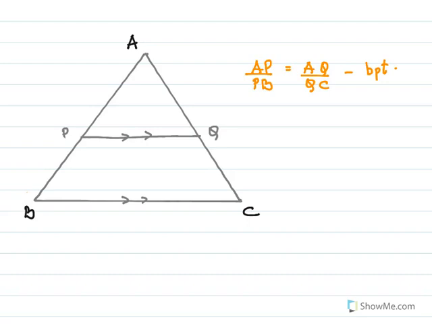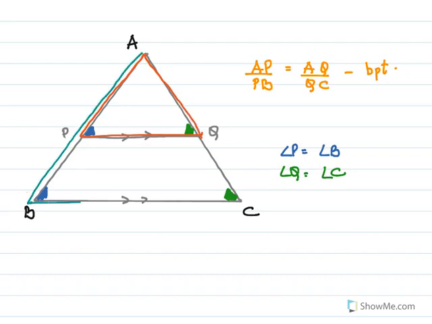But in the same figure, I can see two similar triangles. Here we know angle P will be equal to angle B, corresponding angles, and Q will be equal to C. So we have angle P equal to angle B and angle Q equal to angle C. If you consider APQ, you can see two triangles here, APQ and the other triangle ABC.